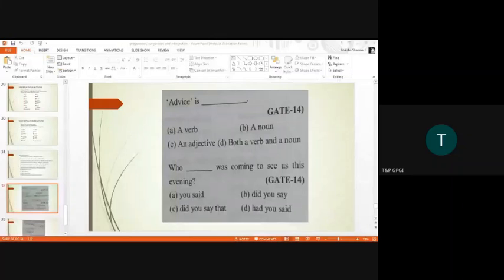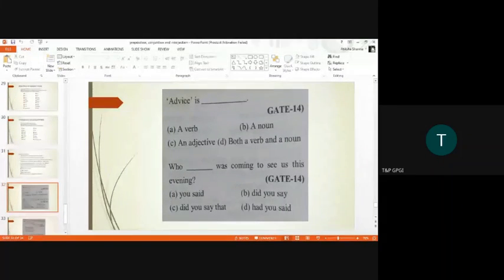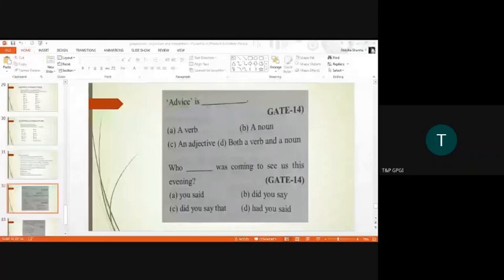So please give me your answers now. The first question: advice is what? Advice, is it a verb, or a noun, or an adjective, or both a verb and a noun? You can unmute yourself and answer, or you can just write the answer in the chat box over here.